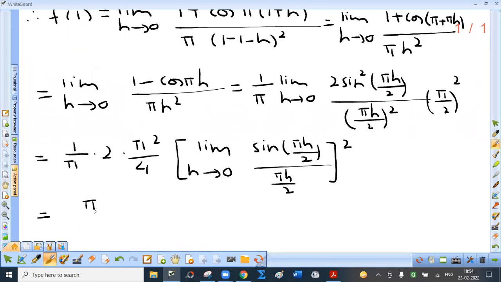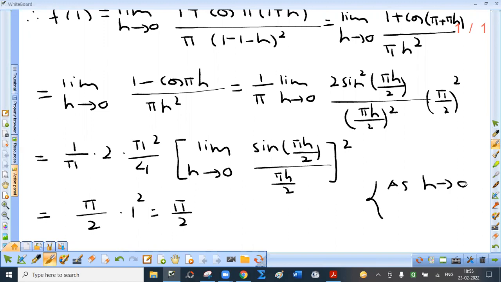So this is effectively π by 2 into 1 square, which is nothing but π by 2. So f of 1 is nothing but π by 2. Please check this. Of course, reason should be mentioned.